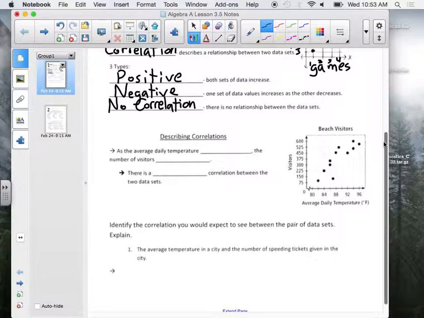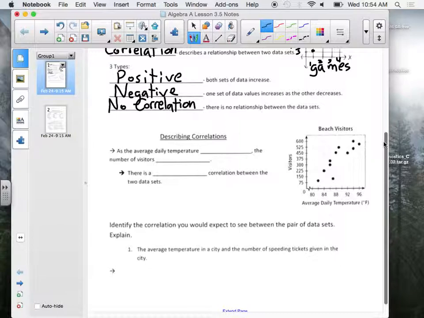All right, so this picture down here, what is it describing? What are the two descriptions on the bottom and side? Visitors and the daily temperature. Mm-hmm. So just by looking at this graph, what can you say about it? Is one going up as the other is going down? Are they both increasing? Both are increasing.